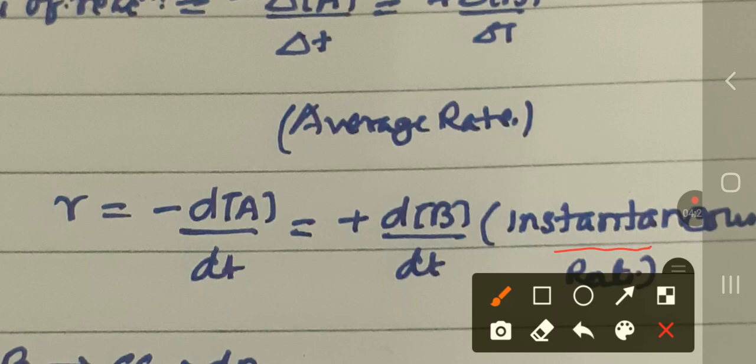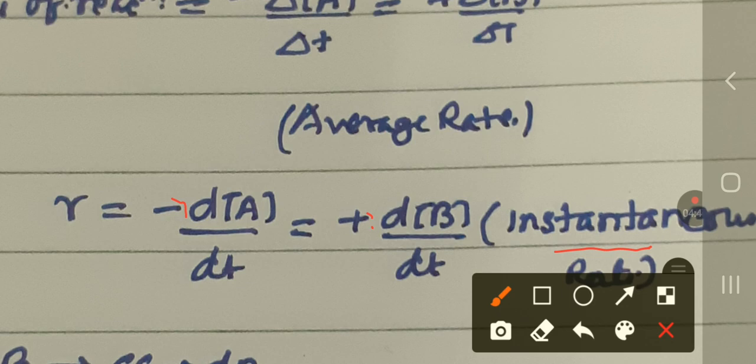Again, negative sign indicates decrease in the concentration, and positive sign indicates increase in the concentration of the product.